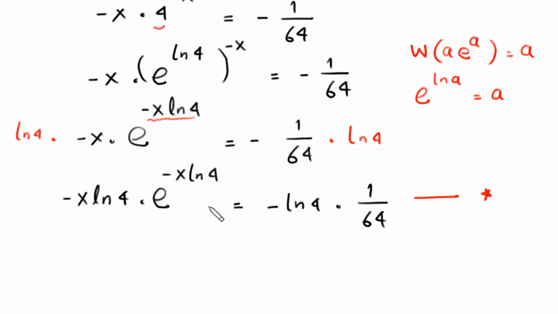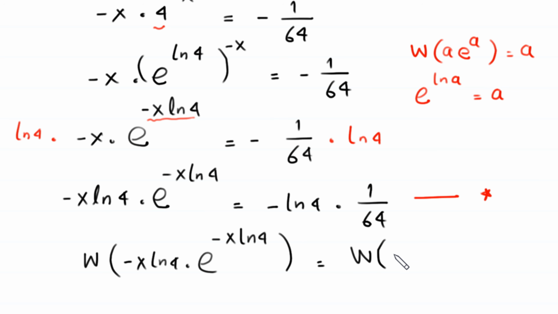For the first solution we take Lambert W function of both sides. So this will become W function of negative x times ln of 4 times e to the power negative x times ln of 4 is equal to Lambert W function of negative ln of 4 times 1 over 64.